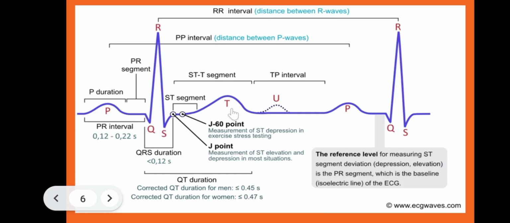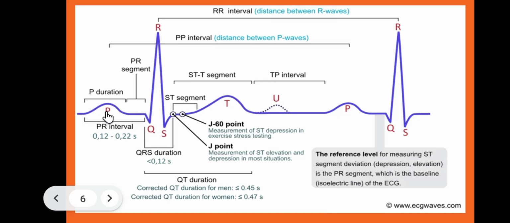Now let's talk about the normal duration of your T wave. Well, there is an exemption to the rule when it comes to your T wave: its duration is not strictly measured, but it is usually wider and longer than your P wave.